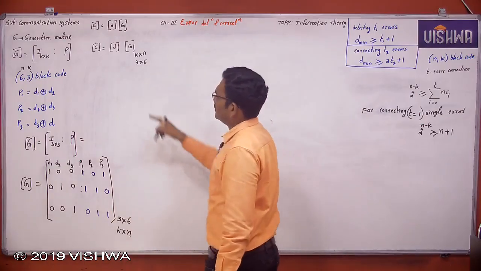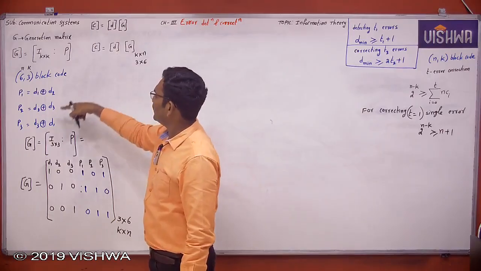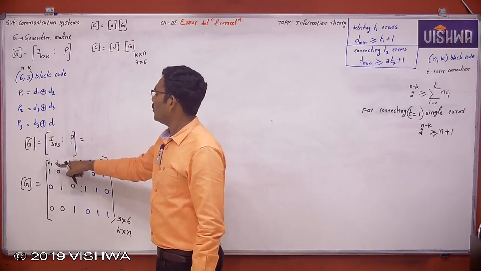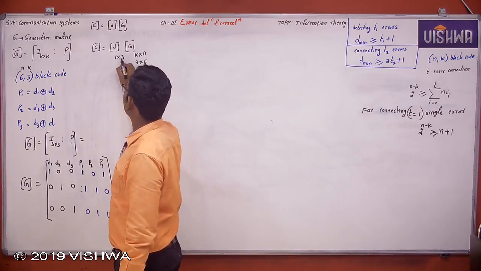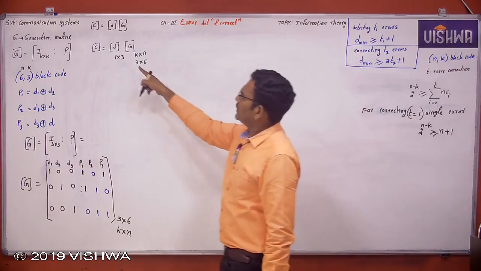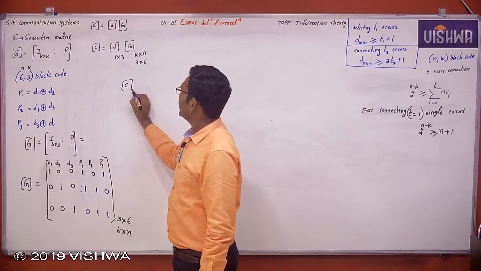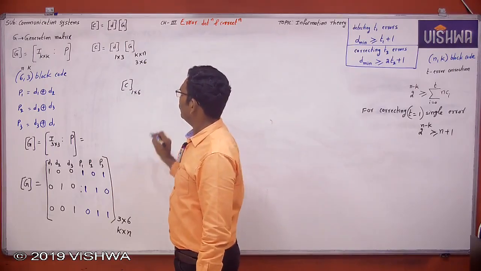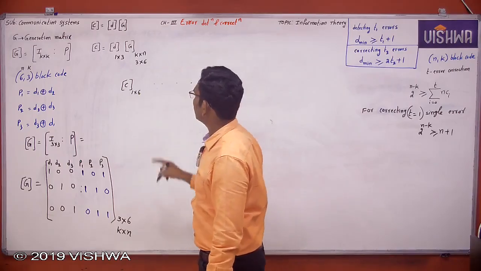Now what is D? D is nothing but the information bits. How many? 3. So this is 1 by 3. So this 3 cancels, and the C matrix order is nothing but 1 by 6, which means 1 row and 6 columns.